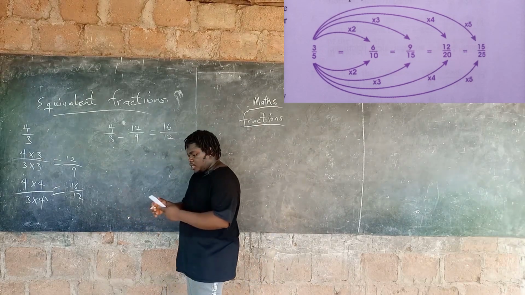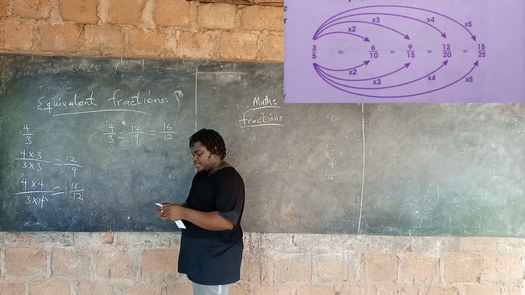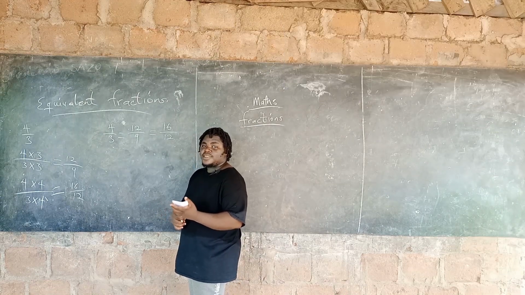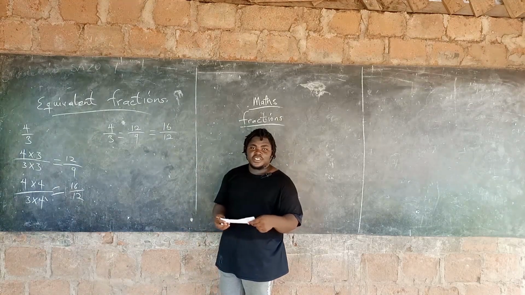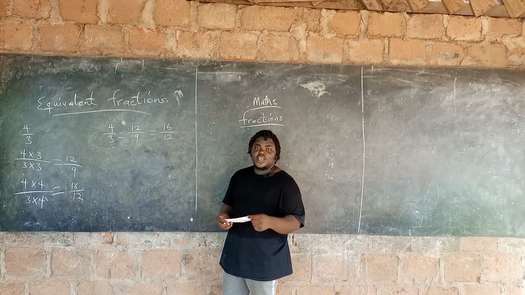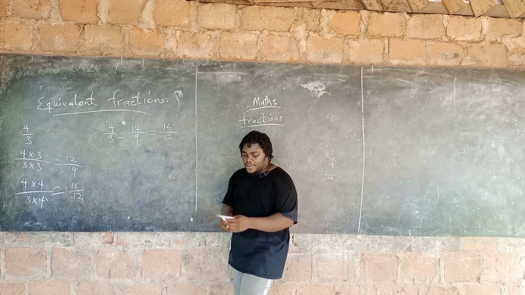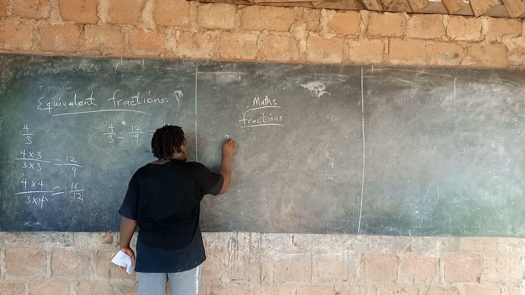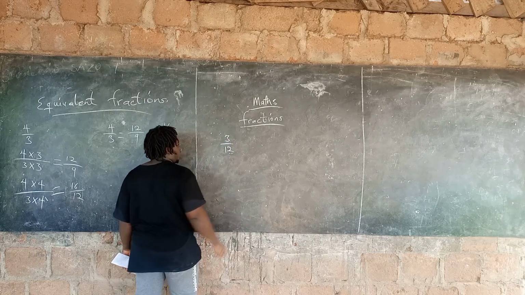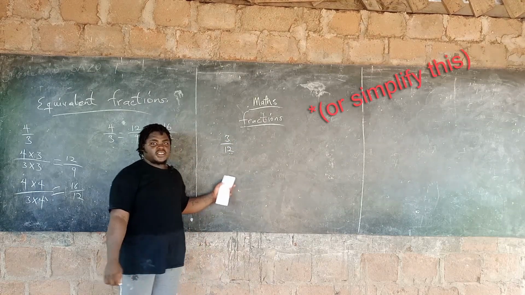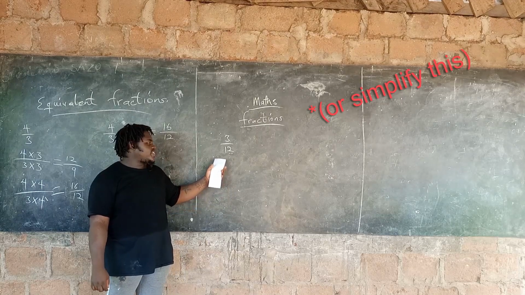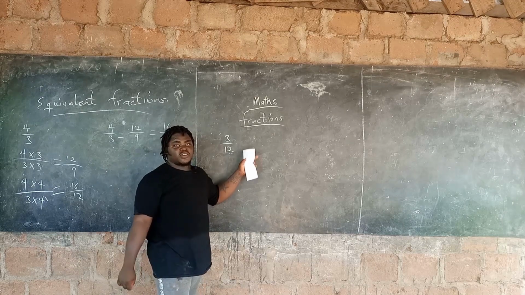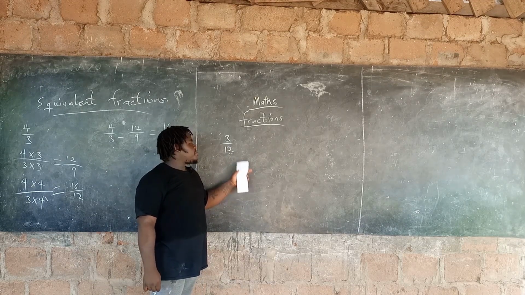Now, sometimes when dealing with equivalent fractions, you have to make divisions. For example, we are having 3/12 over here. Now we can deduce this, or we can divide it and send it to its simplest form, and that is dividing both the numerator and the denominator by 3.